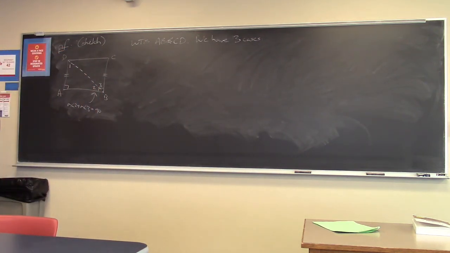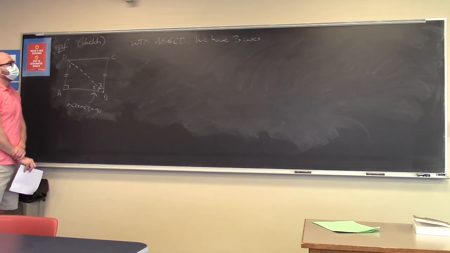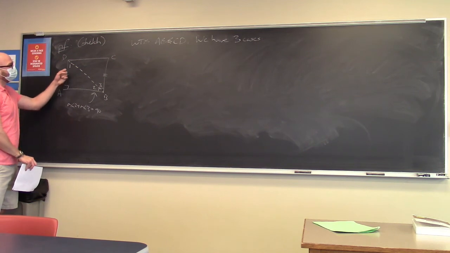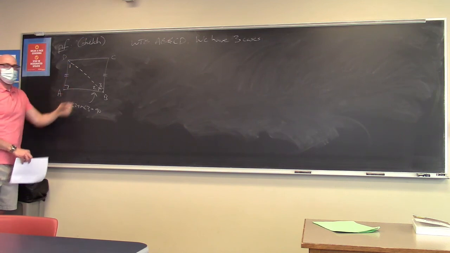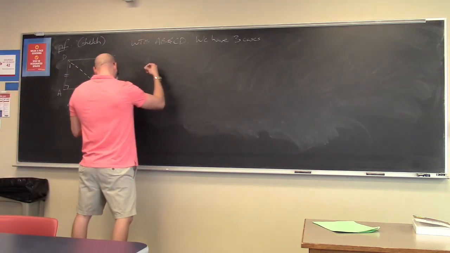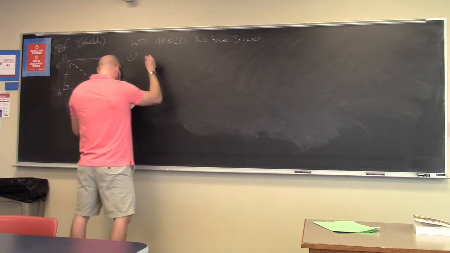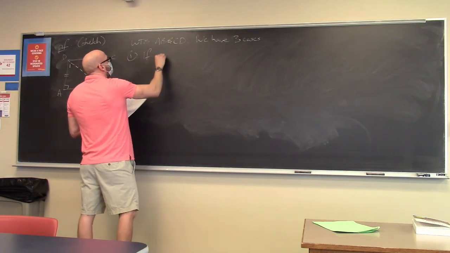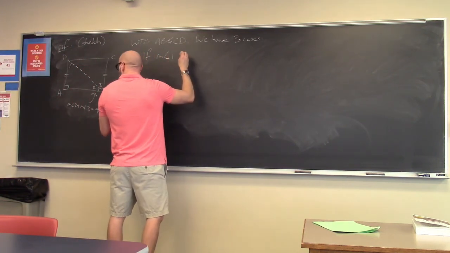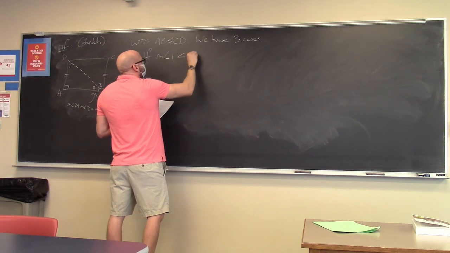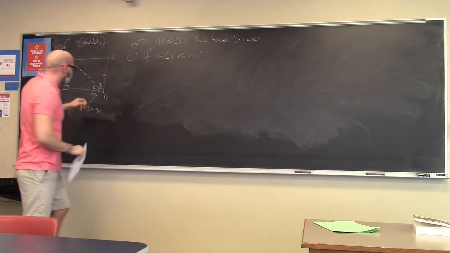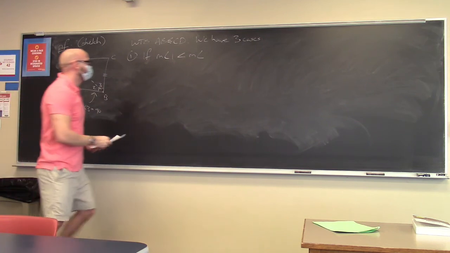Kind of an interesting proof because it's not the first thing that jumps out at me, but I'm going to compare the measure of angle 1 and the measure of angle 2. All right, so here's the 3 cases. 1, if the measure of angle 1 is less than, not the measure of angle 2, I've labeled this differently than I have in my notes, I'm comparing to the measure of angle 3.